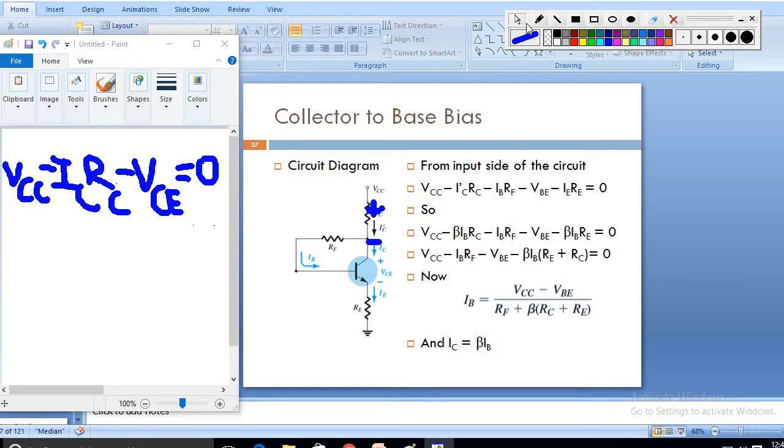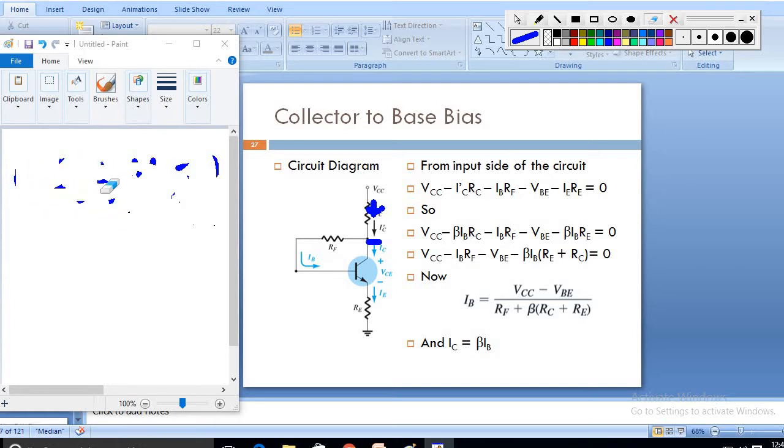See here, this is the input portion VCC. So I am writing it as VCC.